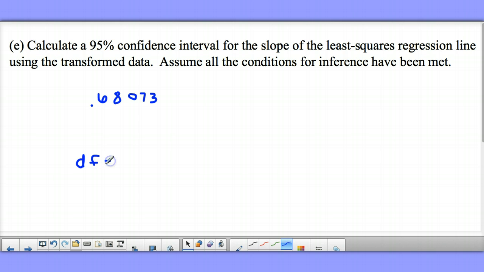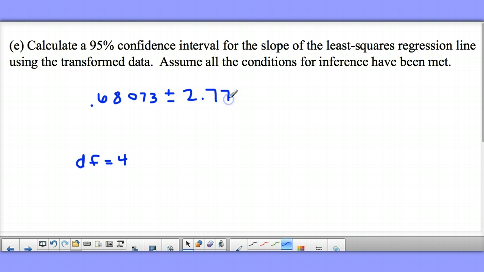So our degrees of freedom is actually 4. I'm going to pause this for a second to look up my t star value. My t star value was 2.776. That's based on 4 degrees of freedom and a 95% confidence level.